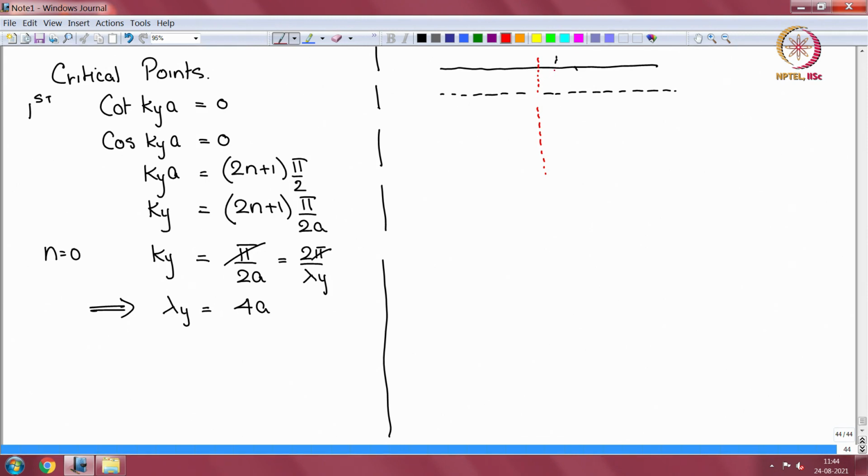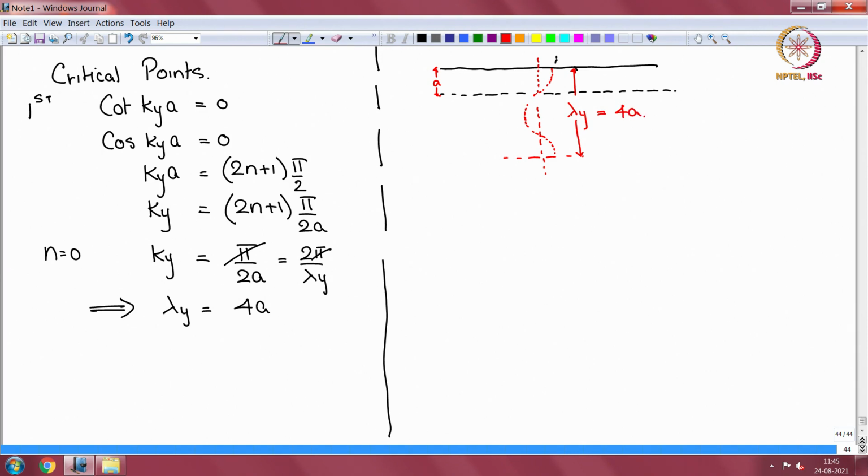Now I have to come up with lambda, this is a. So this lambda is 4 times a, how can it be? This is the total lambda, you can see that, lambda y, one full cycle, and it is also showing that it is equal to 4 times a.